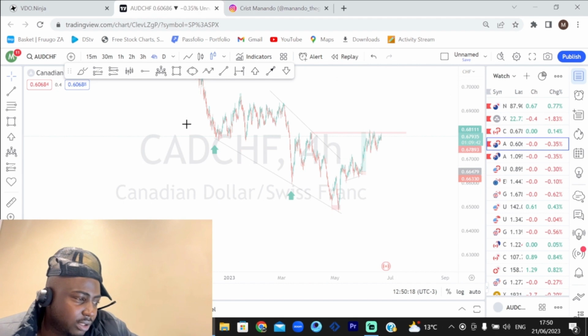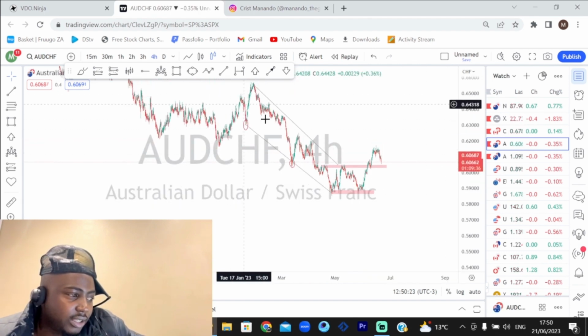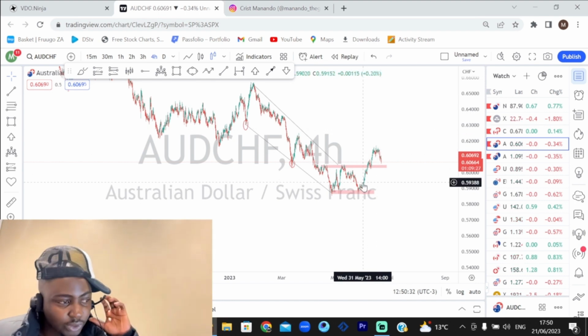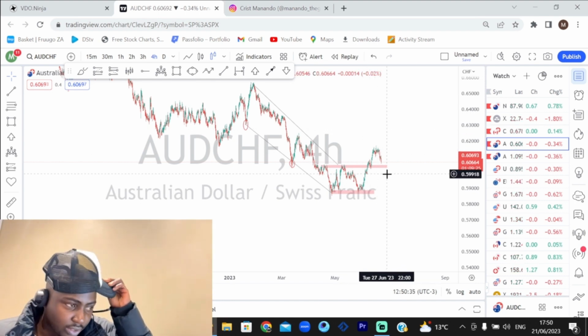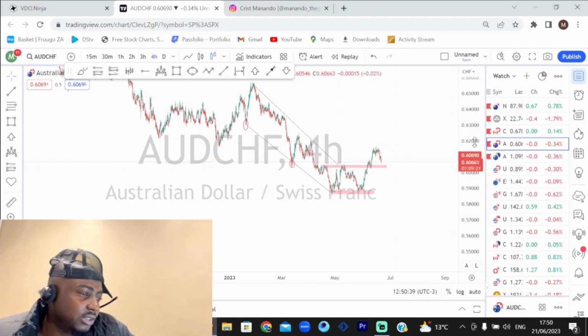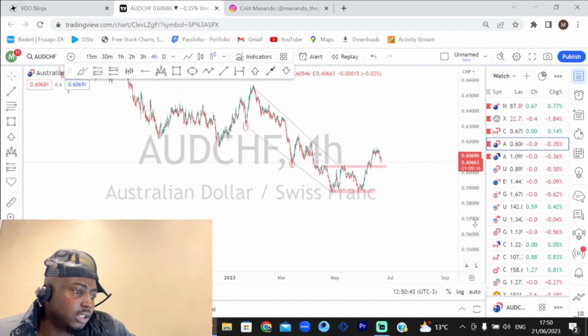It's the same thing, so I don't really want to tap in and analyze it. Descending structure, impulse, double bottom, as you can see, impulse to the downside, and now we're just waiting for the price to give us a correction to the upside. So it's literally the same thing. I don't want to waste you guys' time.